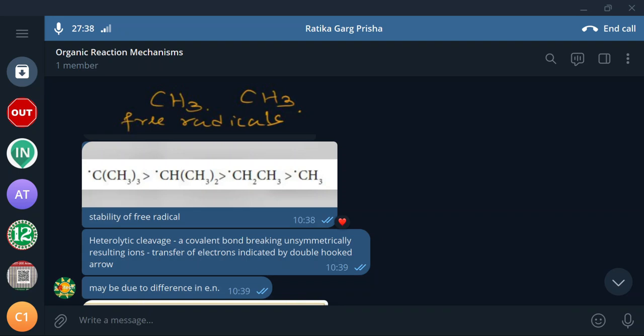Similarly, you have ethyl radical. Similarly, this is called isopropyl radical. Why propyl? Because there are three carbon atoms and it is branched evenly, so it is called iso. It is an alkyl radical having three carbon atoms, so it is called isopropyl radical.